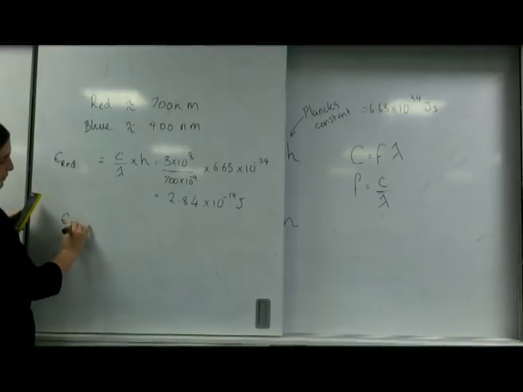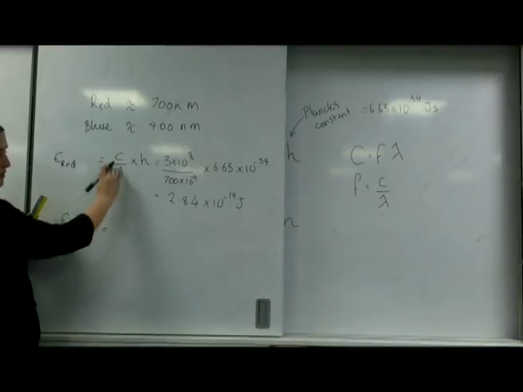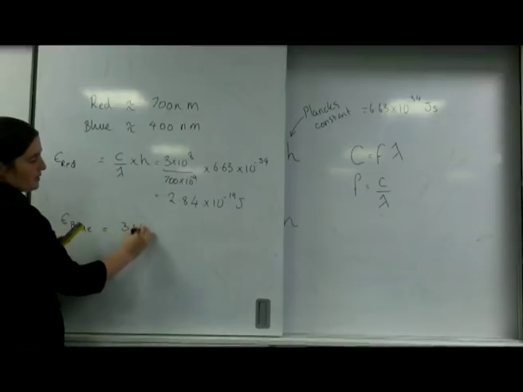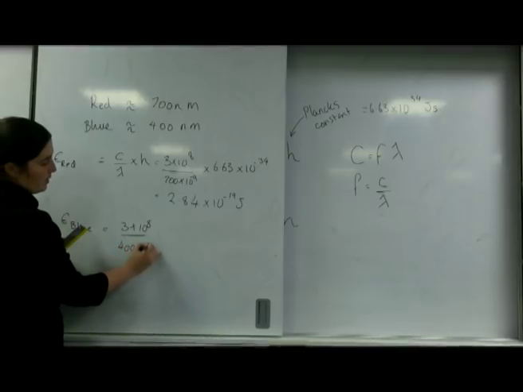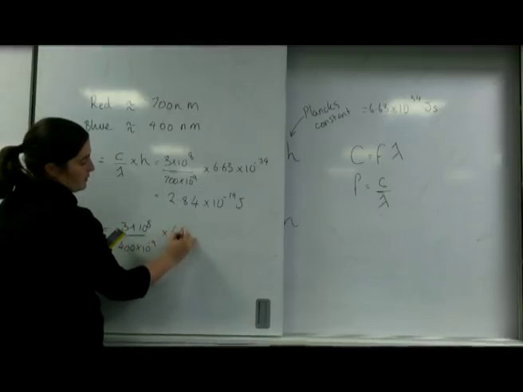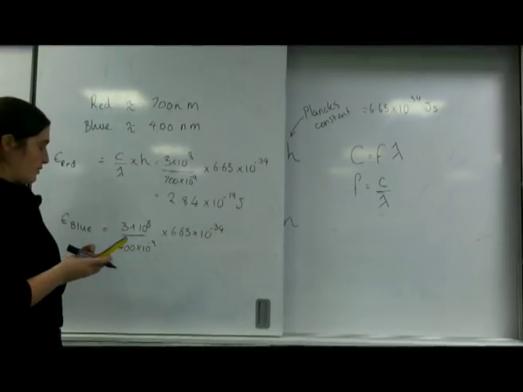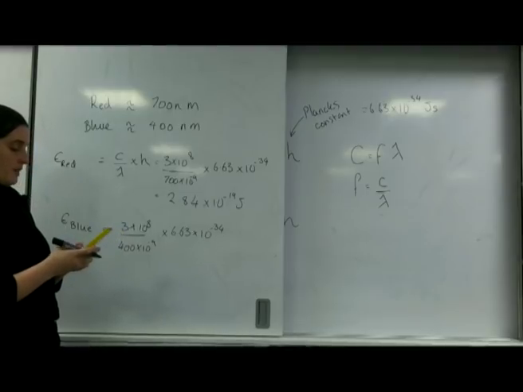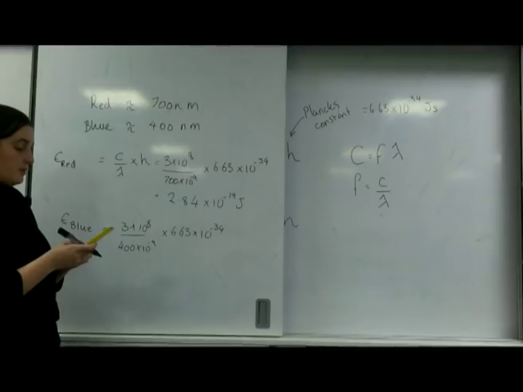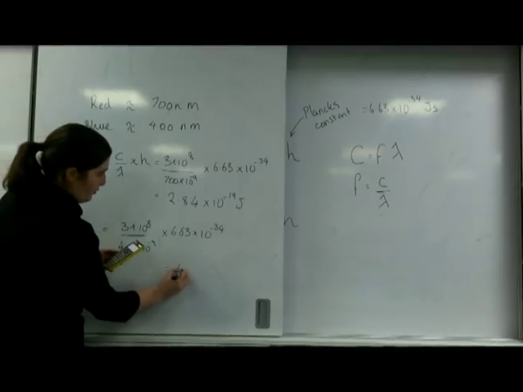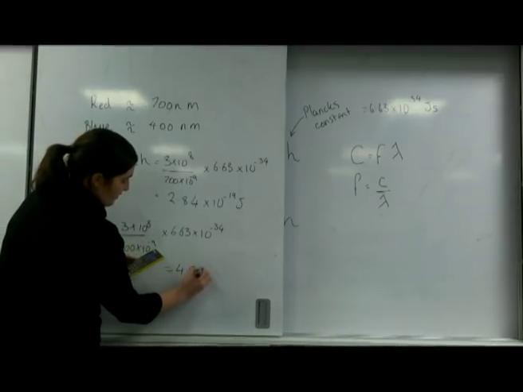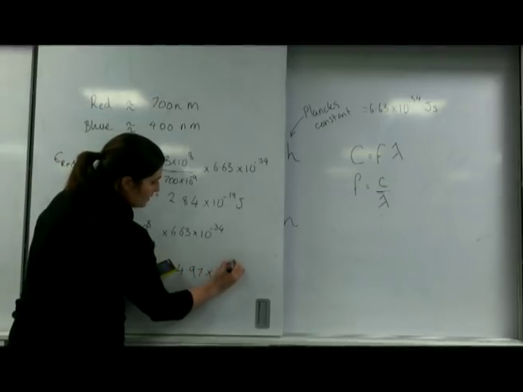If I look at the energy of the blue, I'm going to use this formula again. So I have 3 times 10 to the 8 divided by 400 times 10 to the minus 9, times 6.63 times 10 to the minus 34, and I get an energy of 4.97 times 10 to the minus 19 joules.